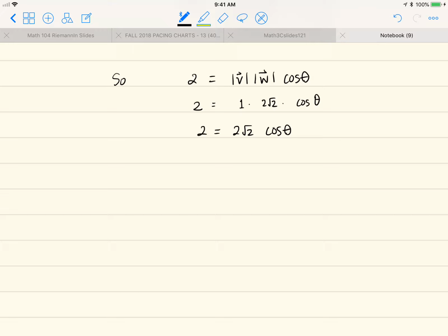Dividing both sides, 2 over 2 root 2 is equal to cosine of theta, so I can cancel out the 2 and have 1 over root 2 equal to cosine of theta. To make this look a little more familiar, multiply the top and the bottom by root 2. So now I get root 2 over 2.